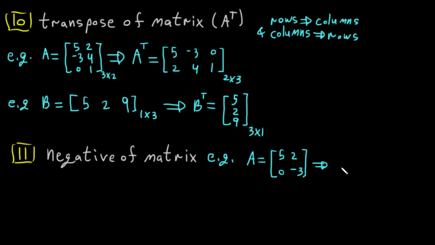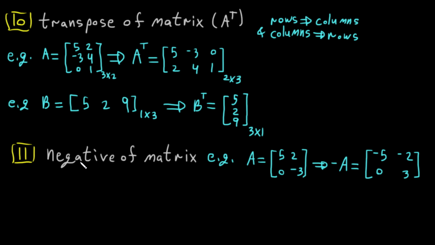Then the negative of matrix A equals, we have only to multiply 5 by -1, which is minus 5, multiply by -1, which is minus 2. This one will remain the same. -1 multiplied by -3 will be 3.